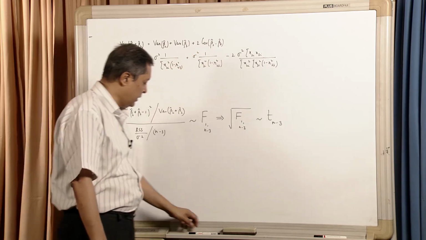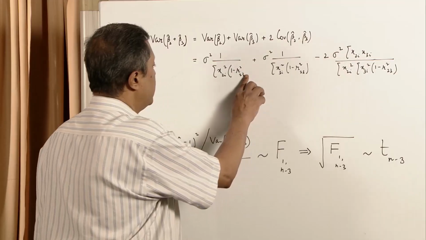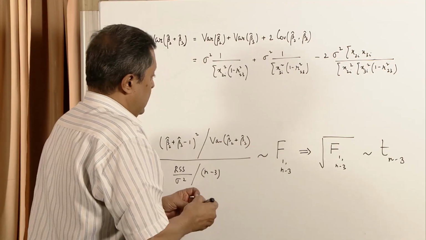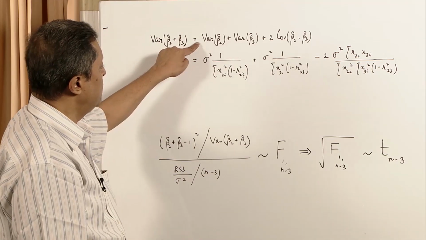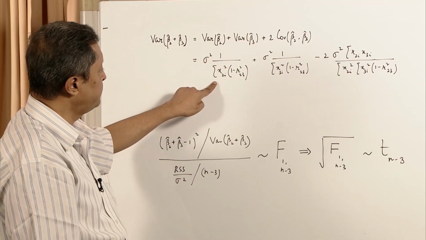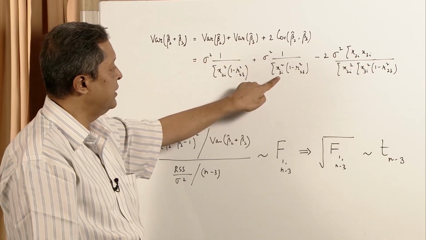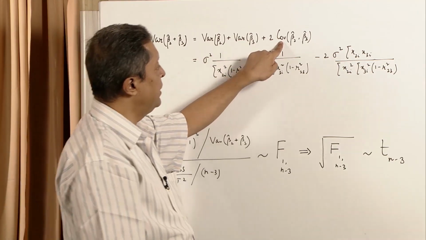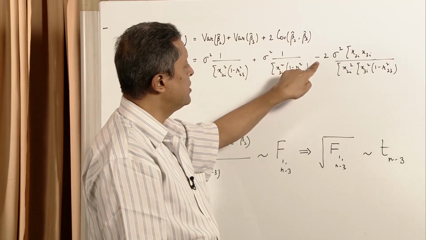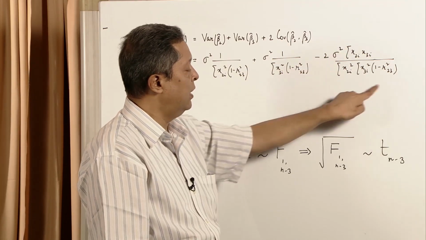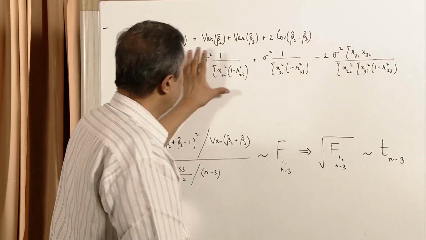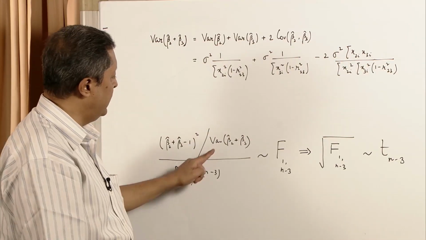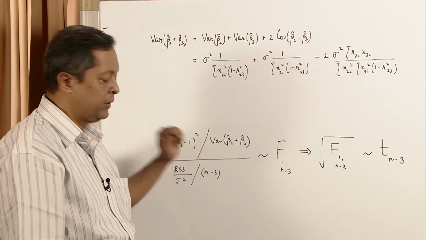And from our earlier discussions on the sampling distribution of beta 2 hat and beta 3 hat, we know that variance of beta 2 hat is given by this expression, variance of beta 3 hat is given by this expression, and covariance between beta 2 hat and beta 3 hat is minus sigma square and the rest of the expression. So, that is the composite expression for variance of beta 2 hat plus beta 3 hat.